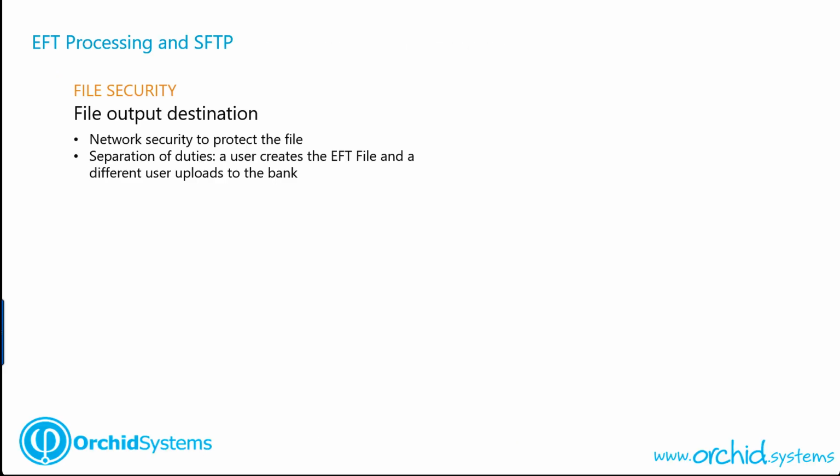Why would you use SFTP? When using a file output destination, you need to use network security to protect the file, but the user who creates the file needs to have rights to that folder. So if you want to do some separation of duty, you need to have a user who creates the EFT file who has rights to write into that folder, and a different user can read from that folder and upload to the bank.